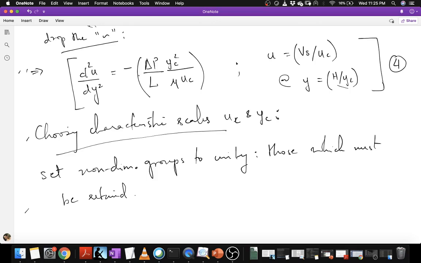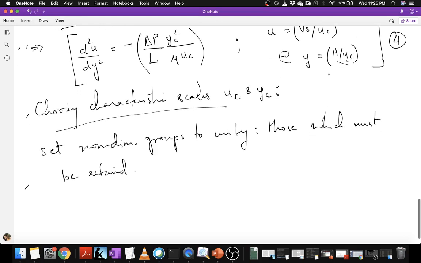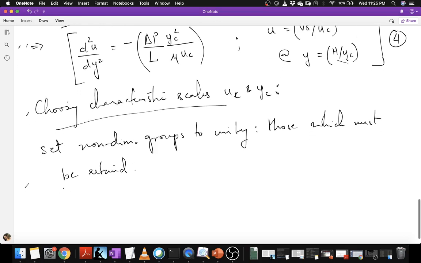So in order to balance it, I need to have another term of order 1. Similarly, this length y has a term in front of it, 1. So the other term should also be 1 to balance it. If h is extremely small, it doesn't make sense. I mean, if h by yc is very small, it won't make sense. Anyway, so this choice is obvious. So first we will say that yc is equal to h.